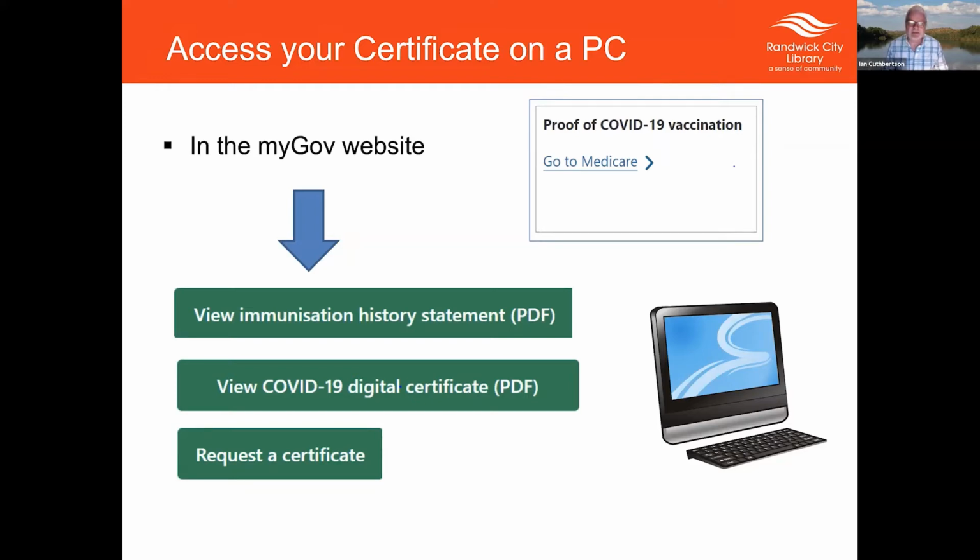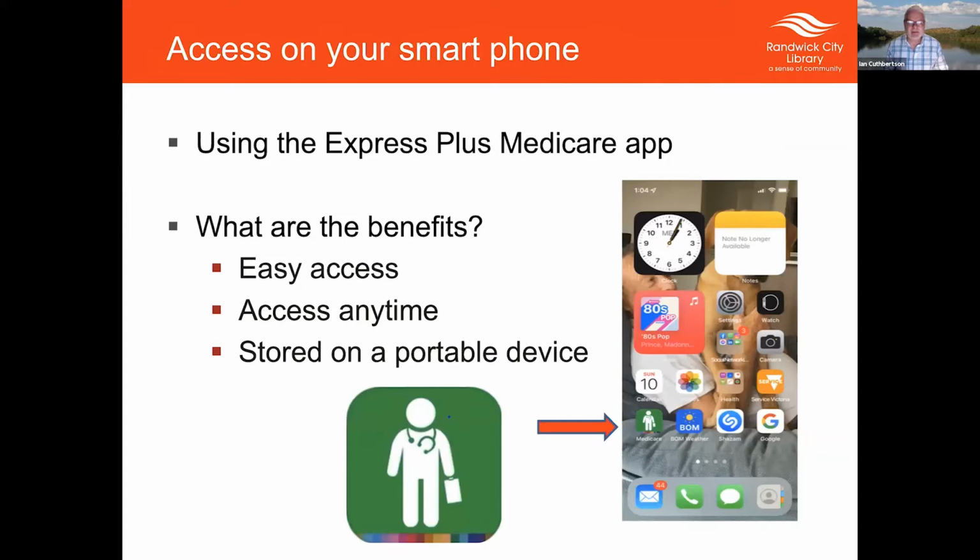Okay, stay with me. All right, access on your smartphone. What I've just been showing you is how you do it on a computer, and now I'm going to show you how you do it on a smartphone. Now, I thought this was a misprint down here, this little bit of colours, but that's actually the icon. There's a little rainbow everywhere, but that's what they do, and who can ever question the government?